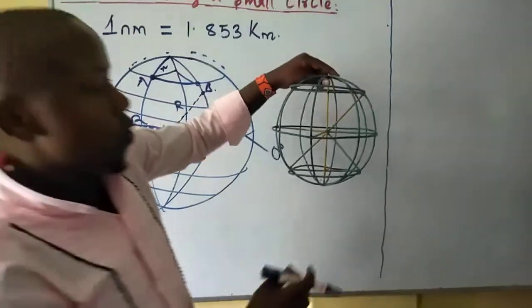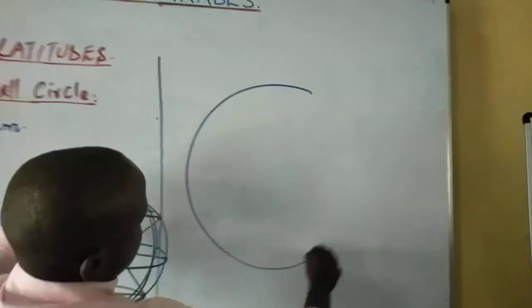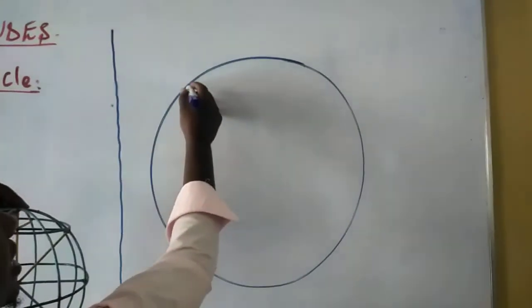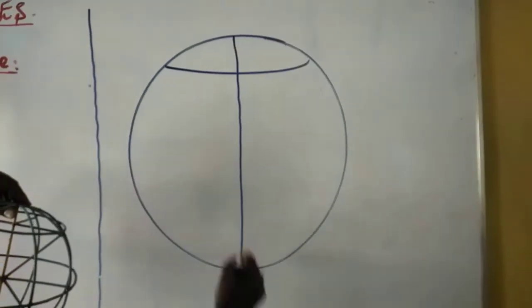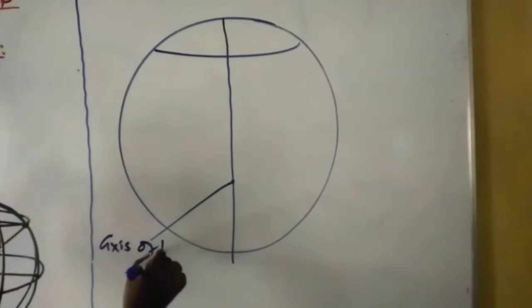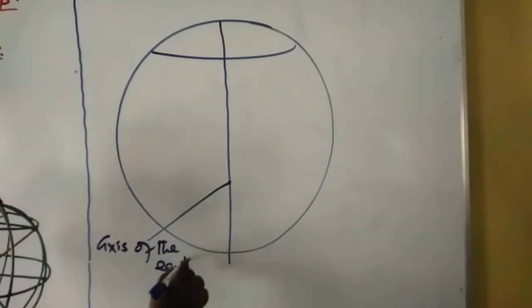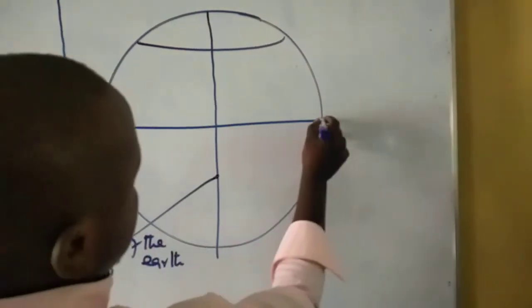And that's why we can now be taking, if a small circle is somewhere here, and we treat this one as the axis of the earth, then this is the center of the earth.